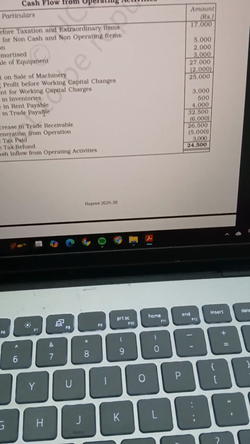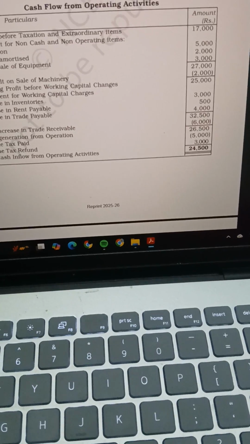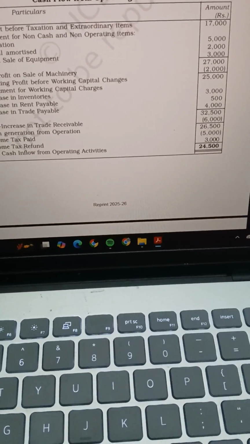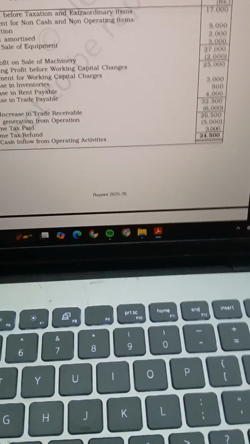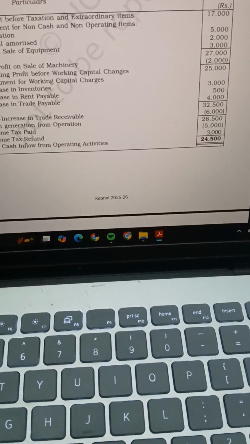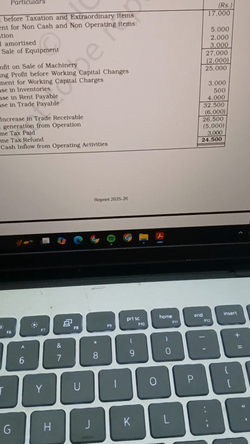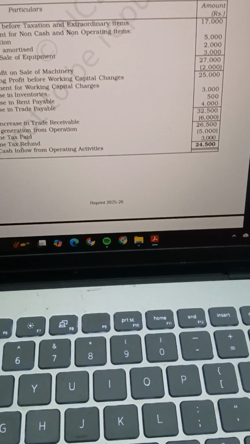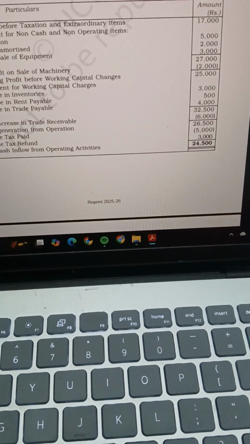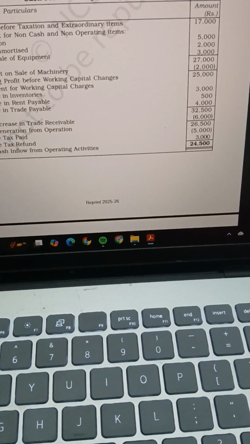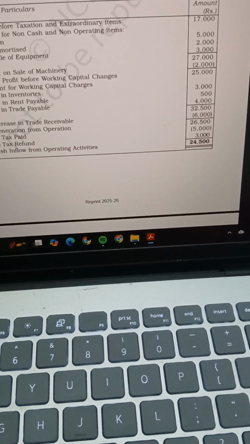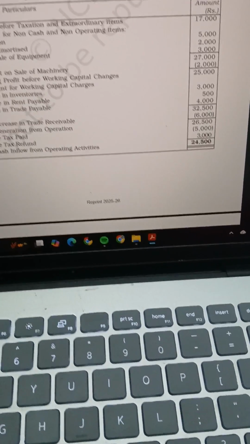Then decrease in rent payable, 5,000. There is a decrease in rent payable, but in the question it is given as an increase. There is a mistake in the question, so this 2,500 will be written here, and this 2,000 will be written here.